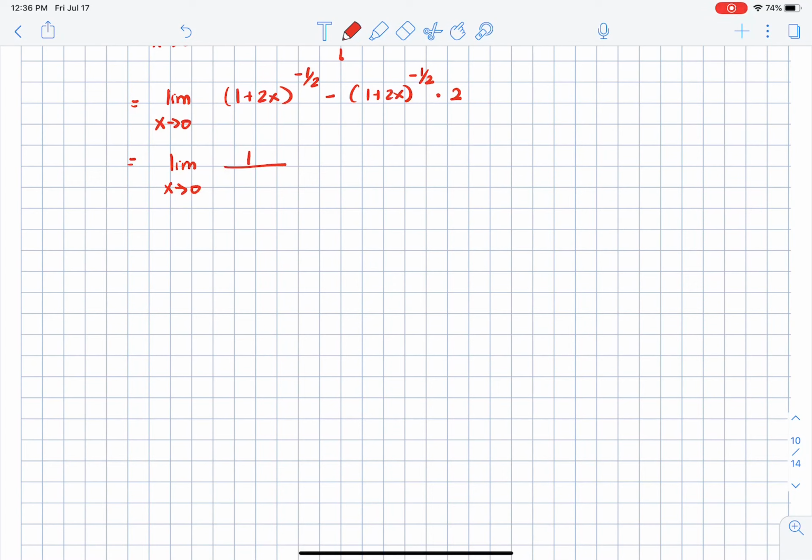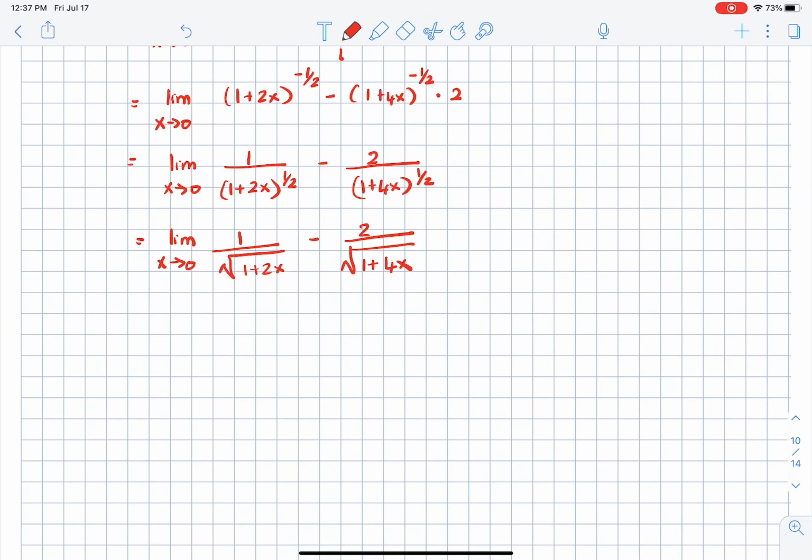So we have 1 over 1 plus 2x raised 1/2 minus 2 over, I believe that was 4x, 1 plus 4x raised 1/2. We could rewrite it in terms of radicals if you can understand it better. So limit x approaches 0, 1 over square root of 1 plus 2x minus 2 over square root of 1 plus 4x.